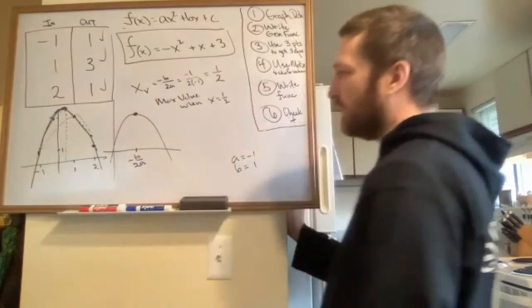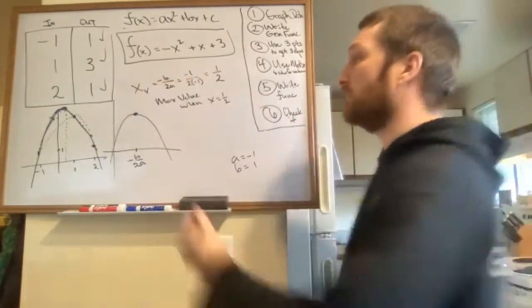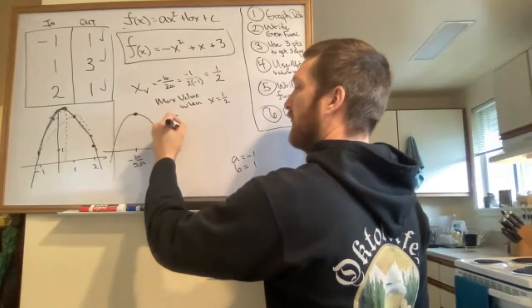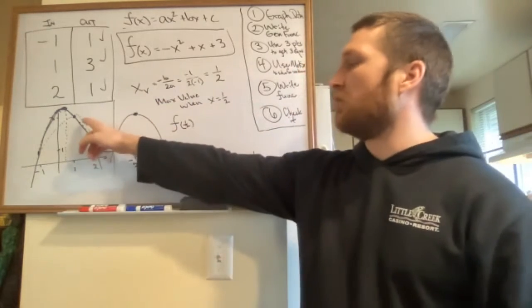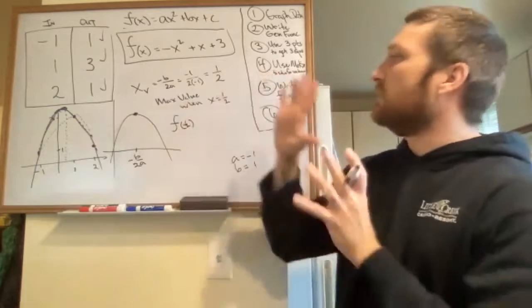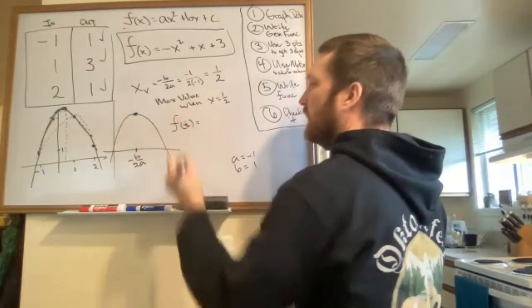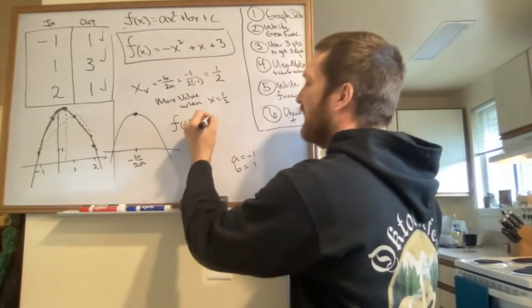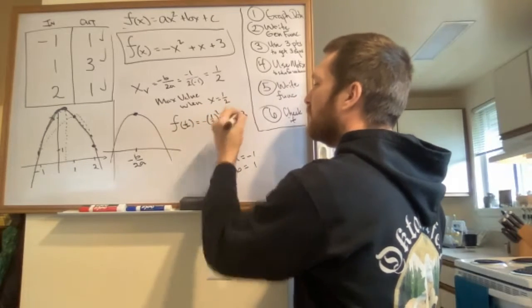And then we could say, well, what is that value? I'll plug it in and find the output value. Let's see, f of 1/2. Whatever I get had better be bigger than 3. Otherwise, all of this is lying to me. But let's just see. Plugging that in, I get negative 1/2 squared plus 1/2 plus 3.